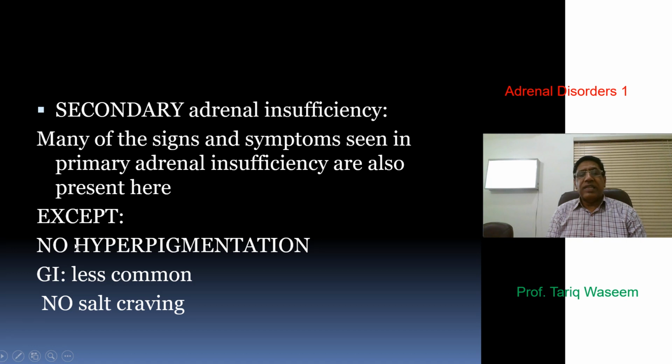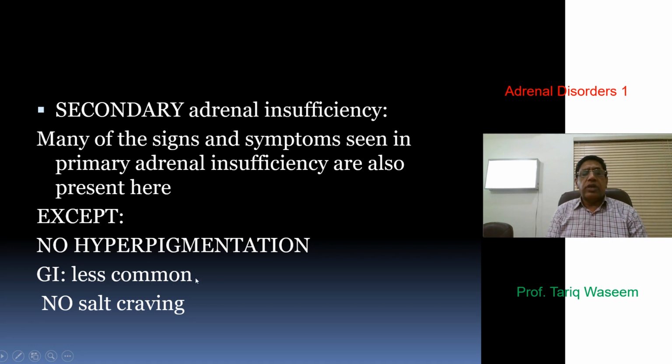Since there is no ACTH in secondary hypoadrenalism or secondary Addisons, there is no hyperpigmentation because ACTH is lacking. Whereas in primary Addisons, the ACTH is in excess, and that's why they have increased pigmentation.